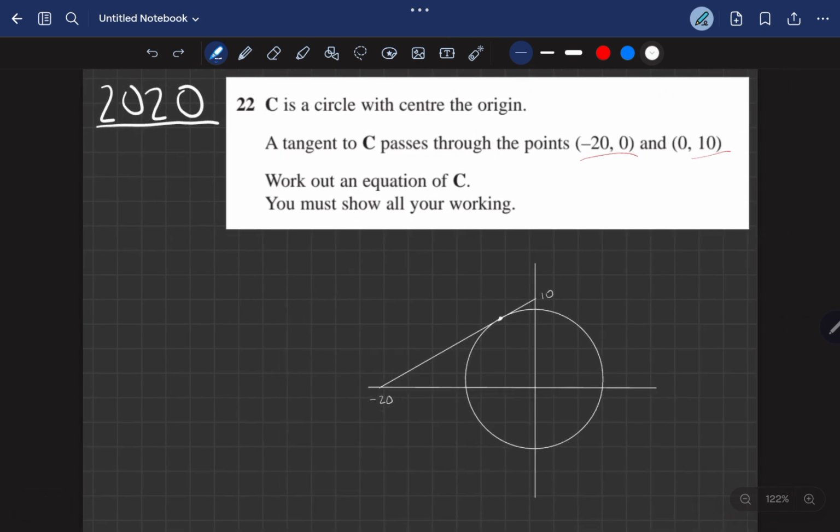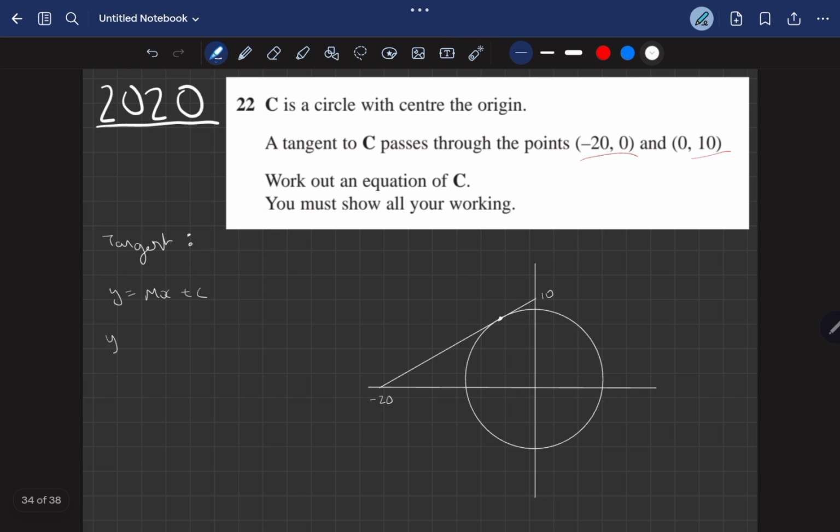So what is the line equation of the tangent? y = mx + c is the generic form of a line. c represents where it intercepts the y-axis, which is in this case 10. And the gradient is rise over run, which is 10 over -20.